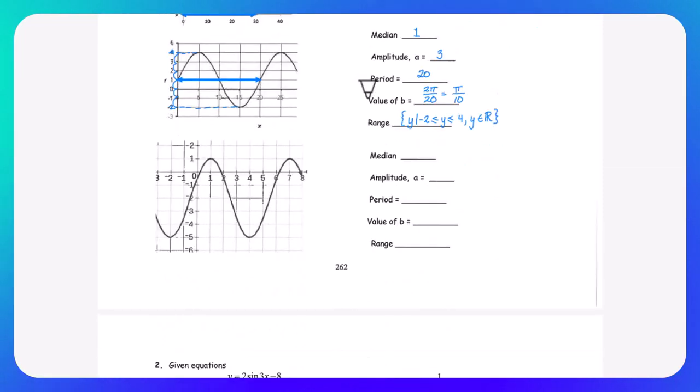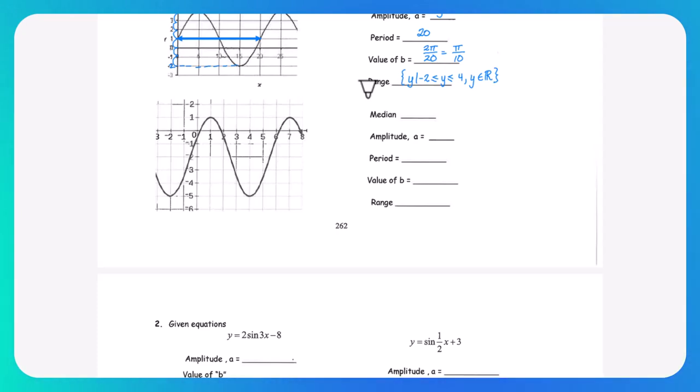Let's keep going. So for the next question here, we got a maximum at 1. We got a minimum at -5, okay? Now, we can again eyeball the median, but let's go ahead and use our formula this time.